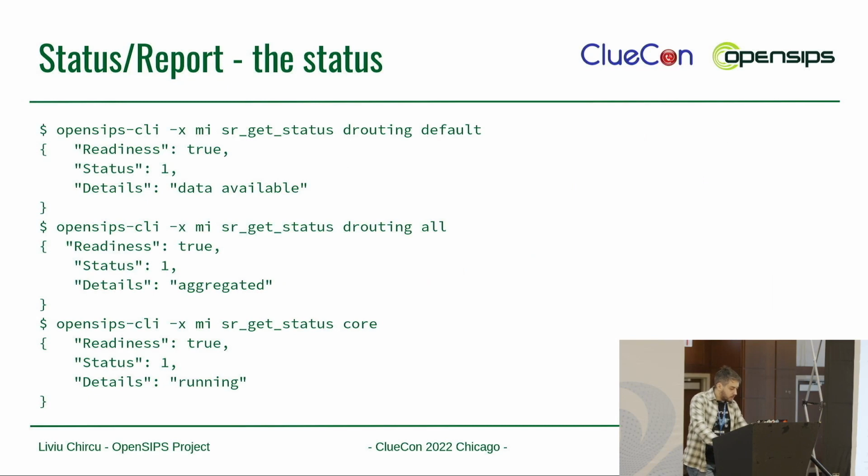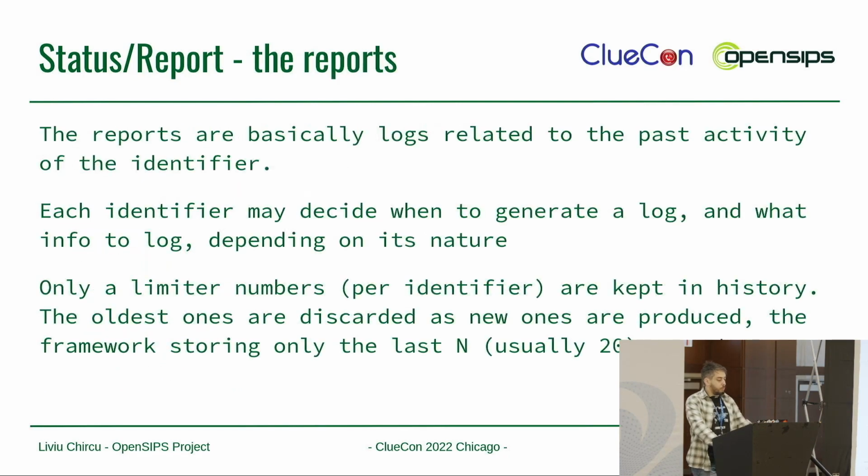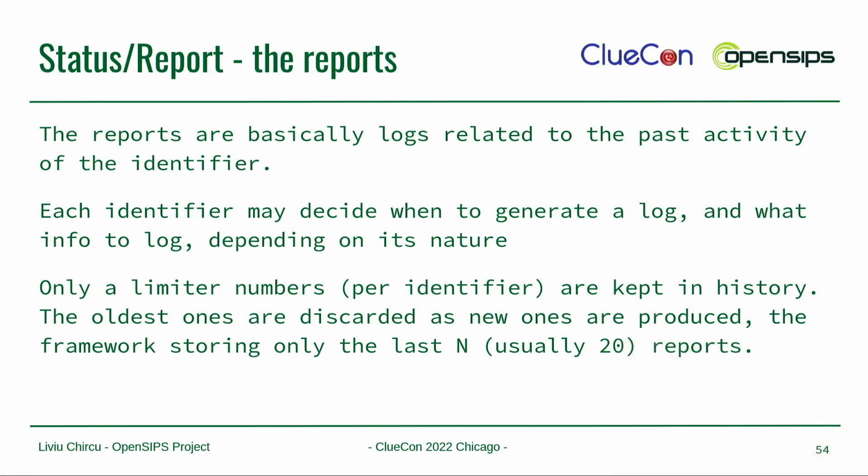Here are some examples. You get data available, aggregated, running, or you can query for reports. It's configurable here. By default, it will remember the last 20 events happening on that specific code base.